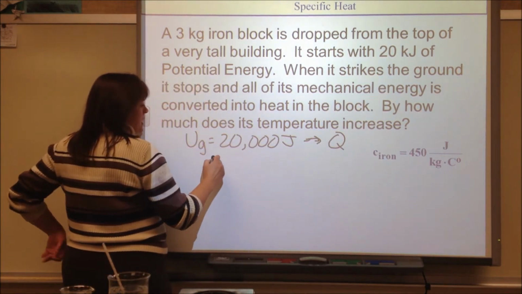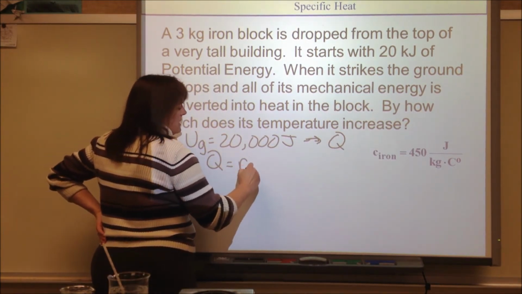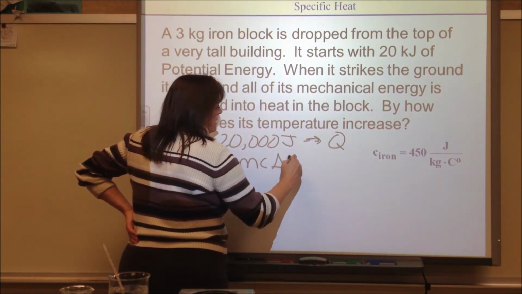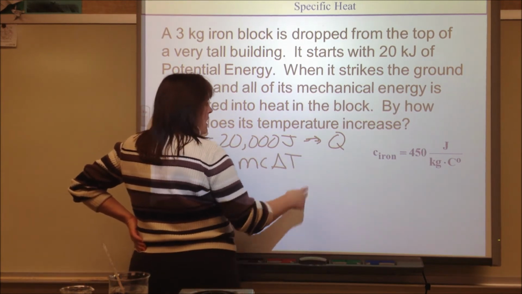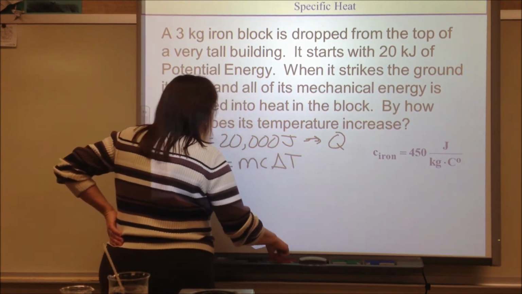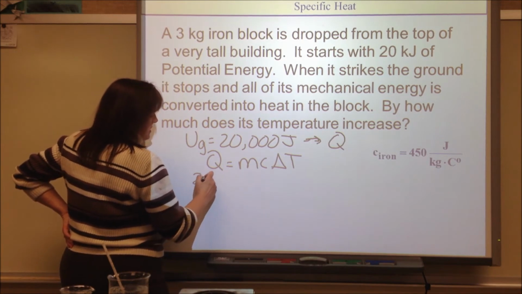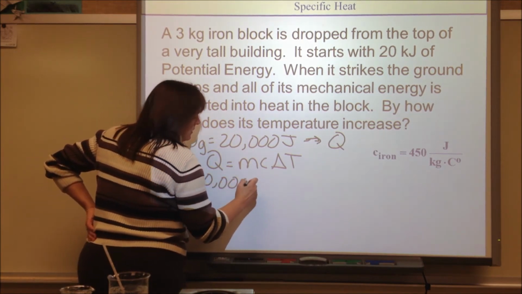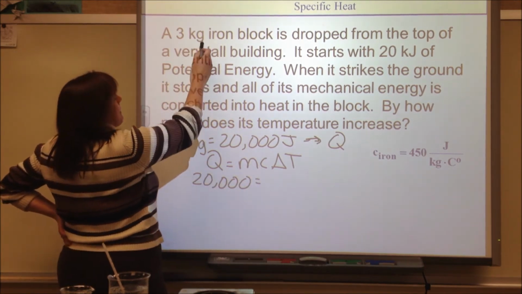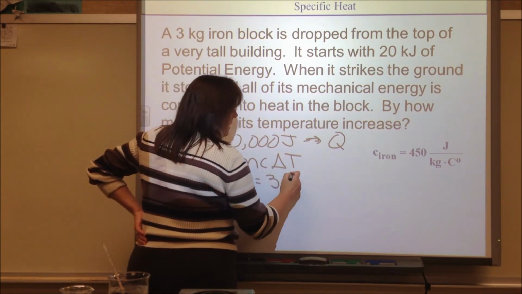By our equation, Q is equal to mc delta T. It tells us that our value of heat is 20,000 joules. In the problem, our mass is 3 kilograms.